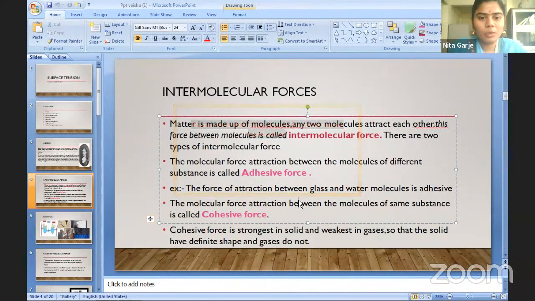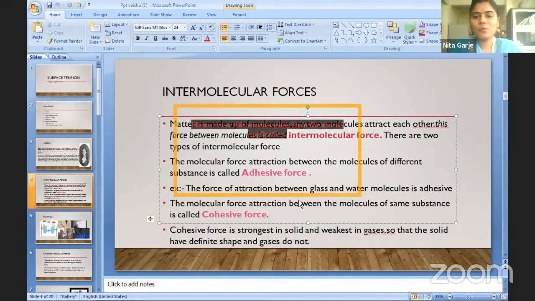The molecular force of attraction between molecules of the same substance is called the cohesive force. The cohesive force is strong in solids, because the same substance, the same molecules, are attracted to each other.